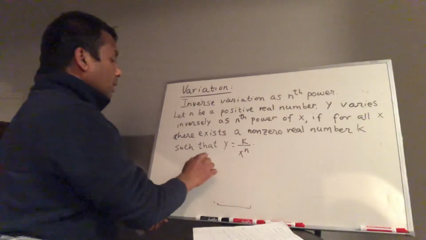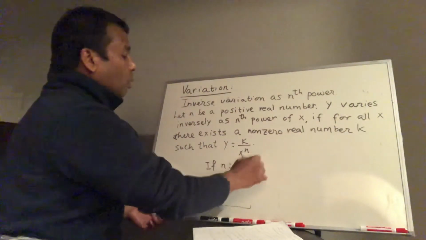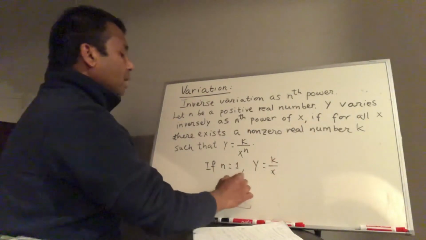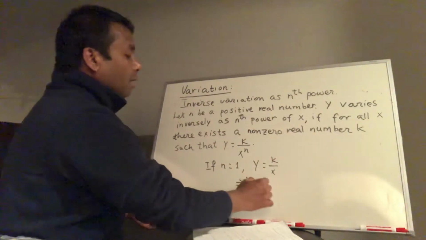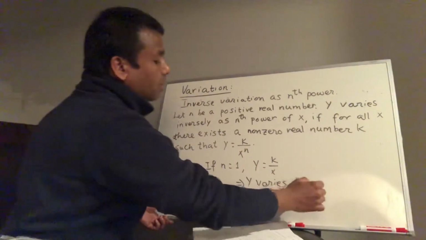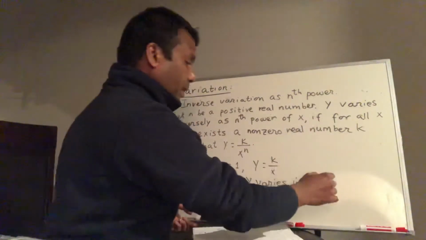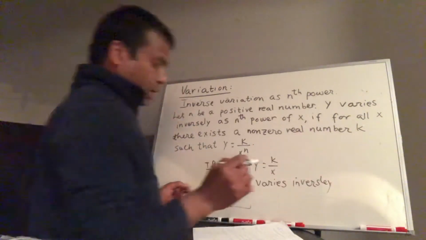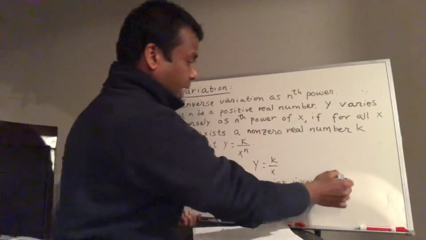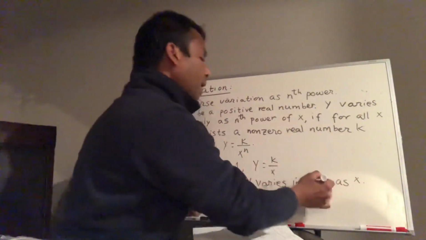So if n equal to 1, so this is y equal to k over x, so that means y varies inversely as x, okay.